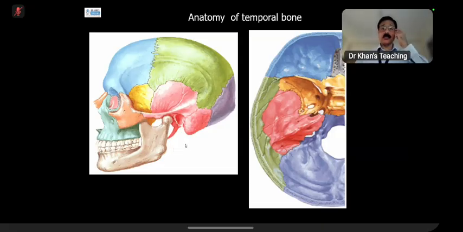This is what this session is about. Next session, I've decided that we will take it further and we will go into the base of the skull and PNS and orbit. So that will consolidate whole of this area.